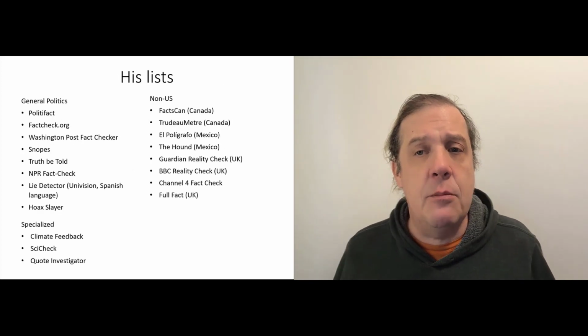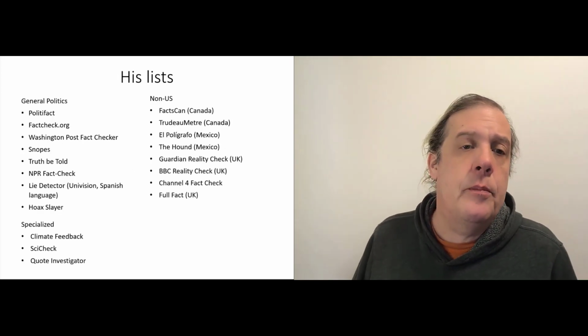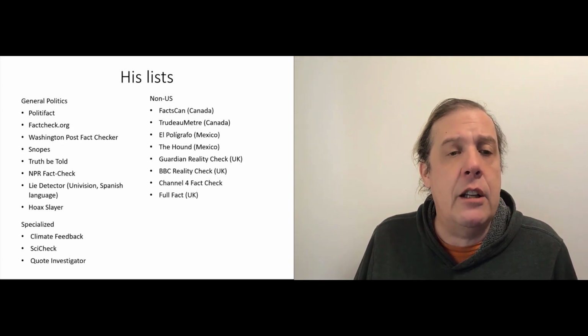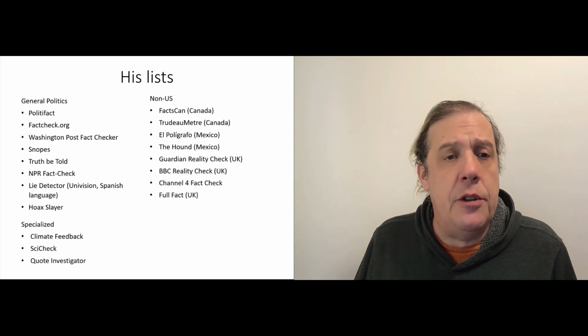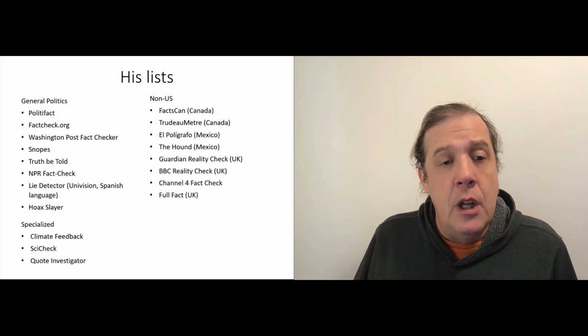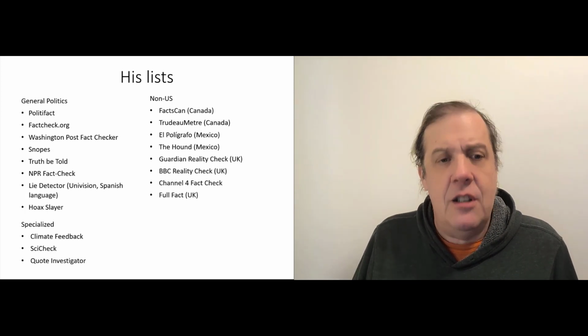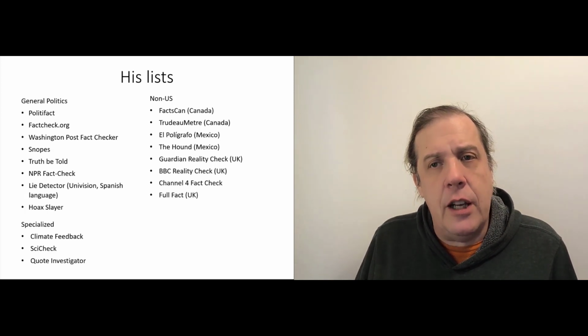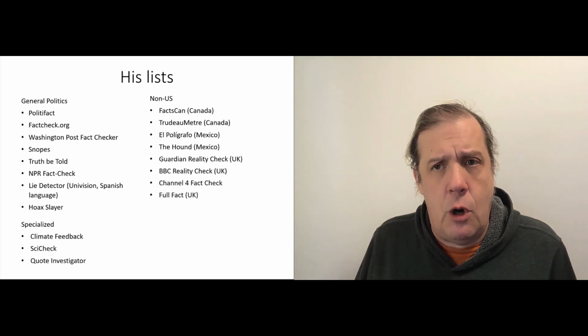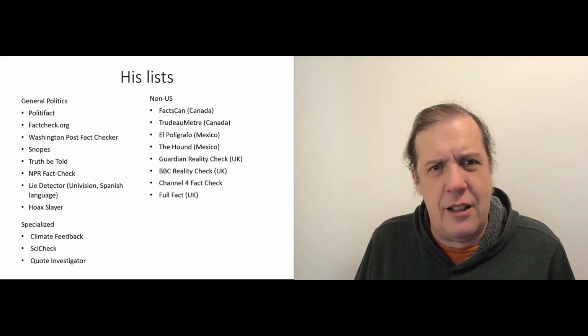Okay, so he's got some lists here, and I can vouch for some of these. PolitiFact and Snopes I use a lot. Quote Investigator is down in the specialized category. I use that as a philosopher all the time because people will attribute quotes to, I don't know, the Buddha or Socrates, and it's like, that doesn't sound like him.